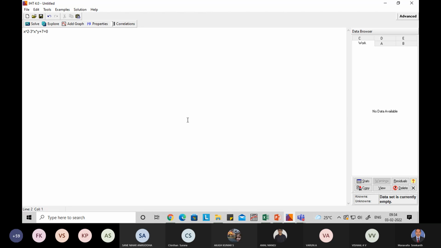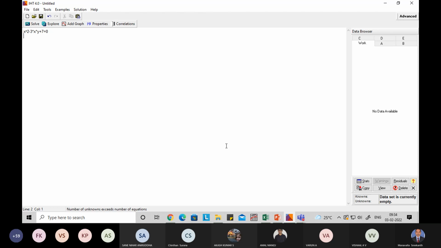Now, if I try to solve this, you can see that there are two unknowns, x and y. It says the number of unknowns exceeds the number of equations. So the software is capable of detecting and counting the number of unknowns and the number of equations. Only then it will attempt to solve.